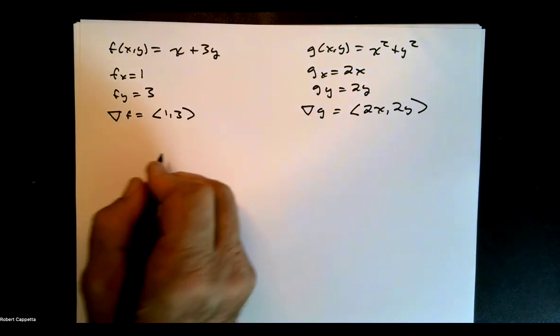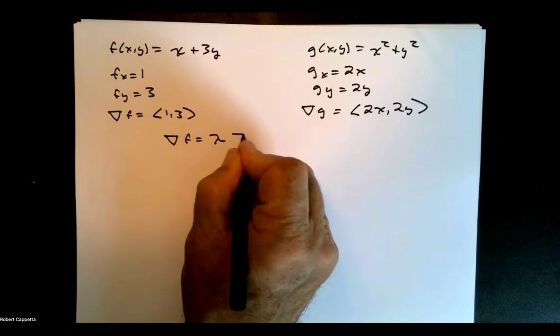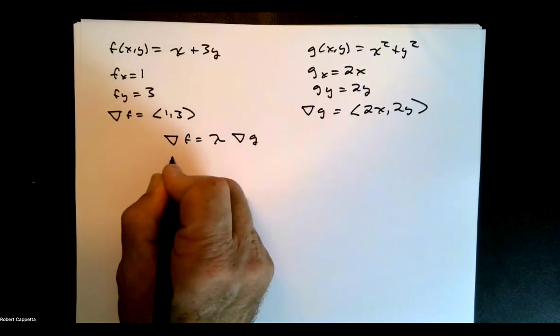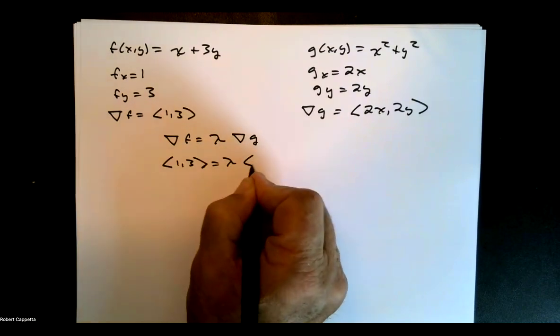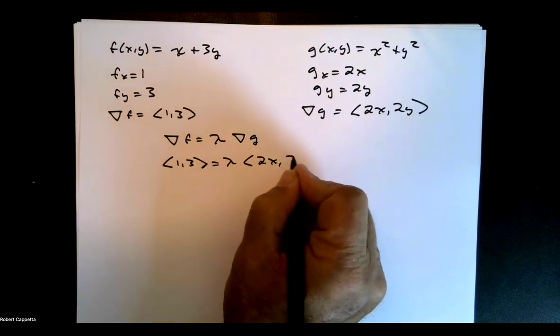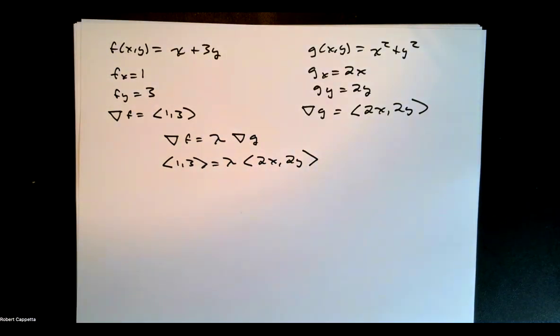Our method of Lagrange multipliers is that the gradient of f is some multiple of the gradient of g. So we will say that 1, 3 is lambda times 2x, 2y. Our goal will be to solve for x, y, and lambda, but that seems tricky because we have 2 equations and 3 unknowns, but we will overcome that difficulty shortly.